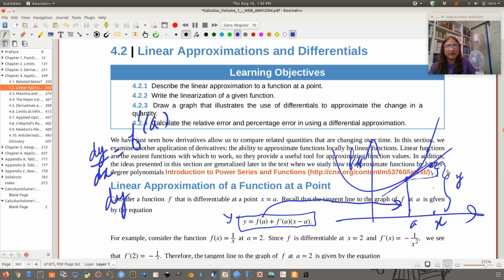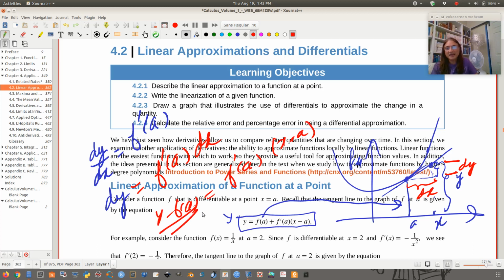So dy, the additional height, is called the differential, times dx, where we call this distance dx. So y minus f of a, where y is this whole height, is equal to f prime of a times x minus a.